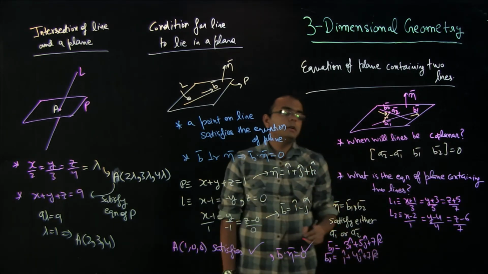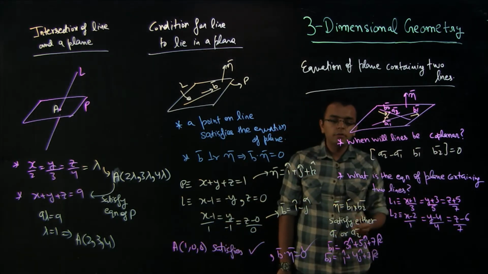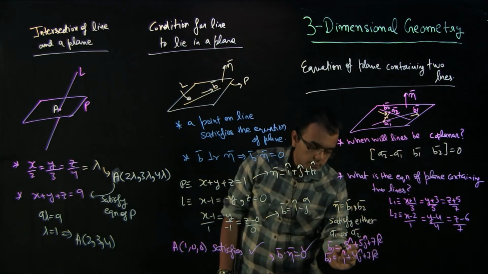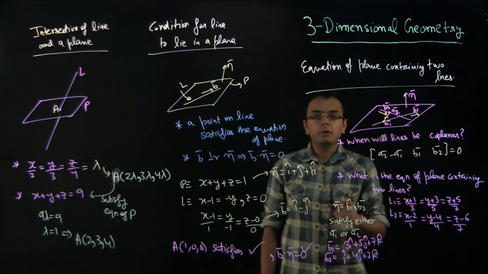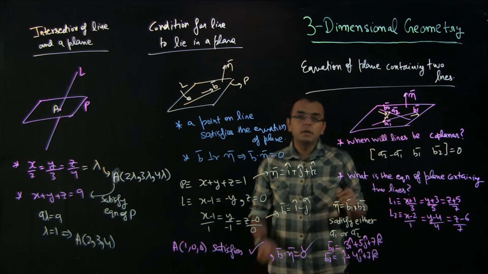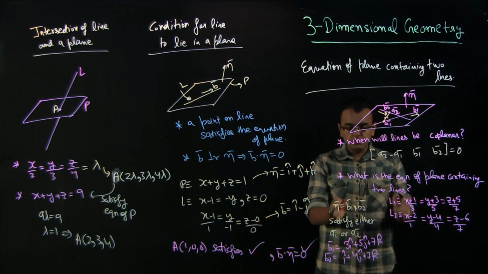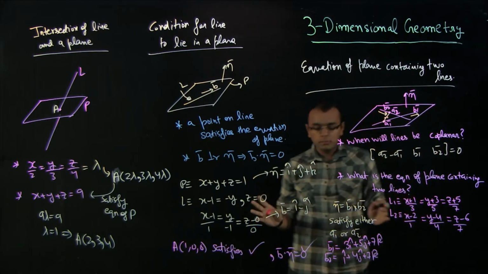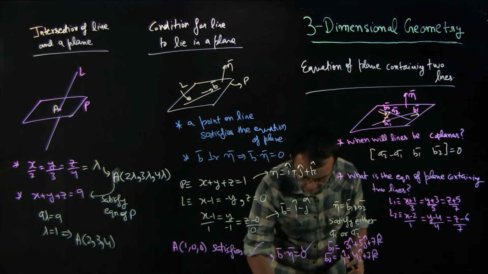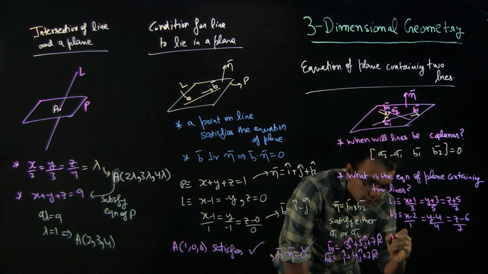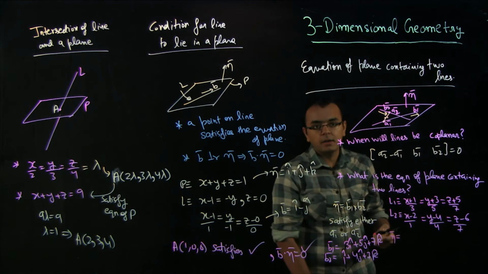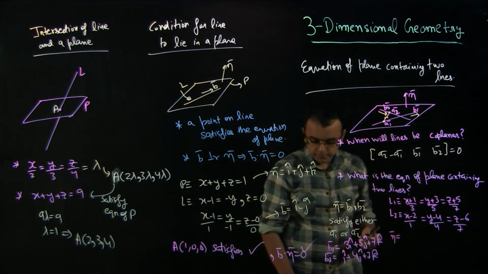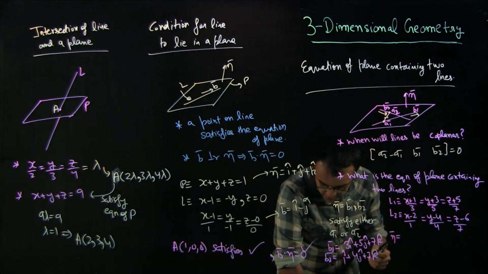How will you find a vector perpendicular to both of them? You will take a cross product, like I have mentioned. I don't have time, so I am not showing you the determinant opening, but the n vector comes out to be something like i cap minus 2j cap plus k cap.